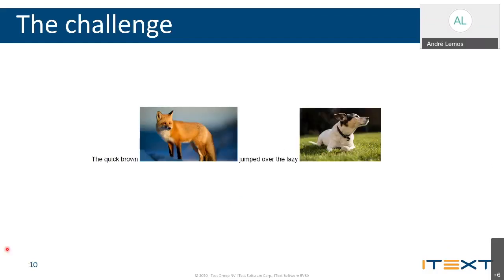So I've brought an example, a tiny, the-more-you-know nugget of information. Do you know why the sentence "the quick brown fox jumped over the lazy dog" is typically used to showcase fonts and whatnot?